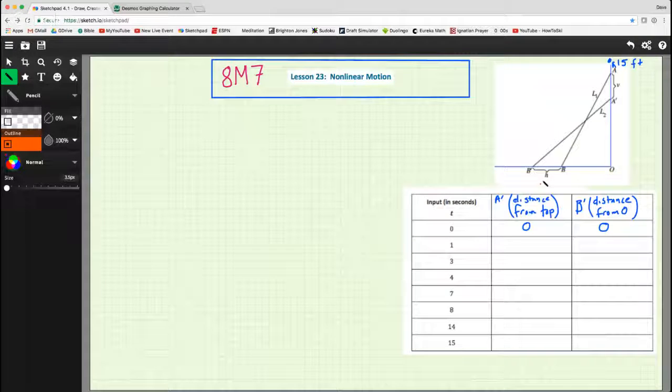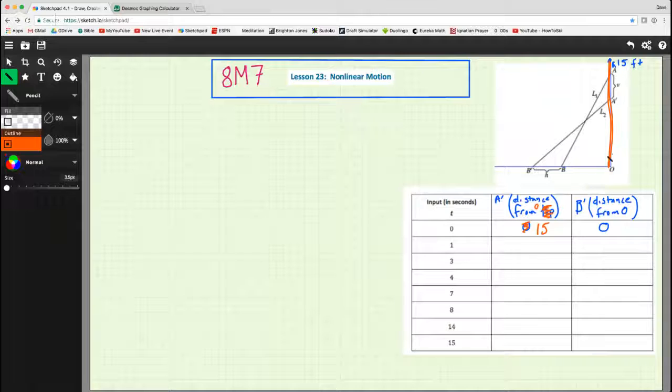So notice, we know that A is going to move at 1 foot per second. So after 1 second, we're going to find the distance from O. So it's 15 from O when we start, right? It's because the ladder is straight up and down.